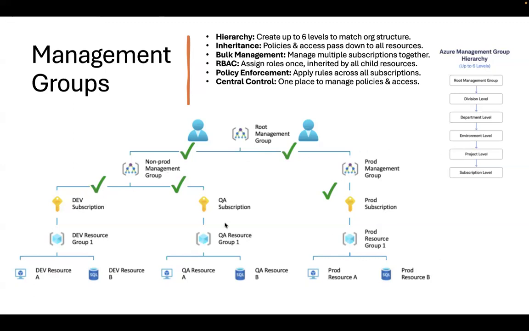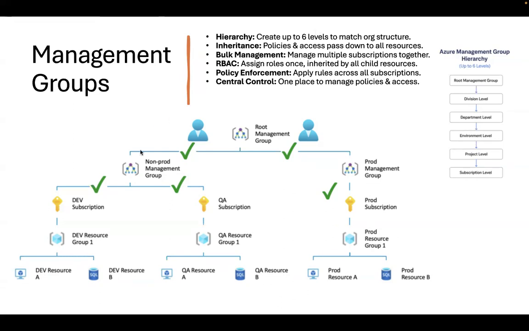Environment level, it can be dev or QA. Project level, again each project may be using a different subscription or a different resource group. It depends on how they have planned. And at the subscription level, all these 6 layers you can cover. Using the management group, these levels are covered.